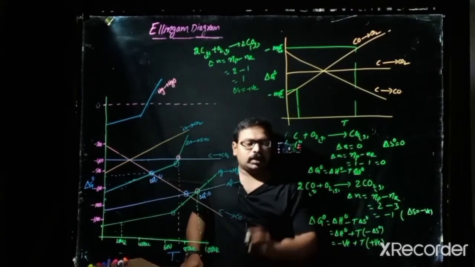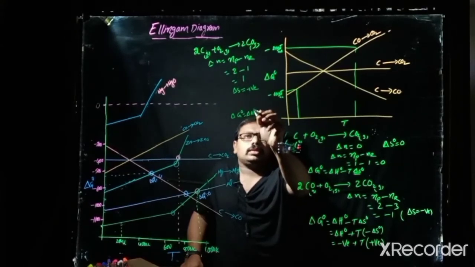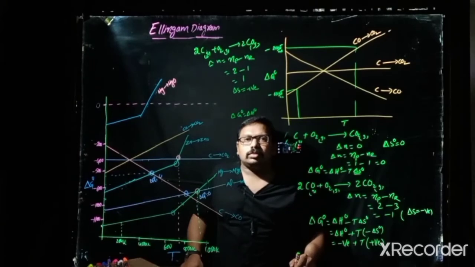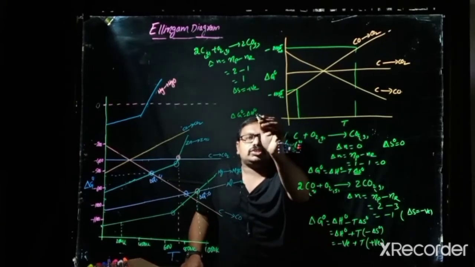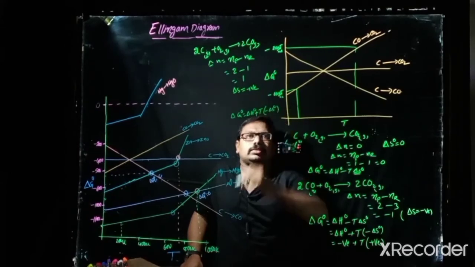So if we are comparing this formula, delta G naught is equal to delta H naught minus T into delta S naught.